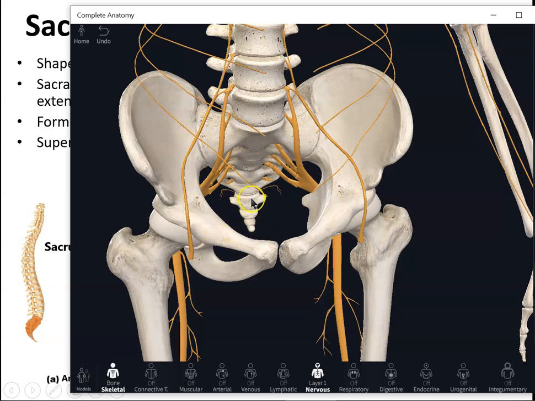The biggest artery and vein that go to the lower limb go over the top of this here. The huge tendons for your giant hip flexors go over the top here. And the digestive system, the urinary system, the reproductive system are all in here. And there's just not enough space always for all of it.